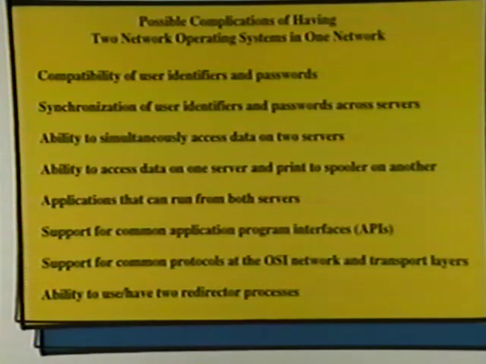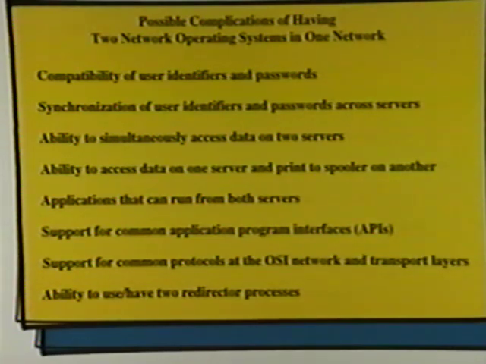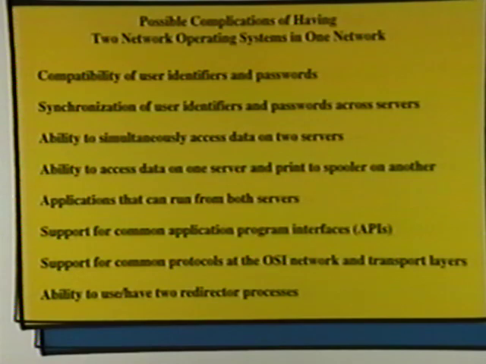Here's something on application program interfaces, or APIs. It's very common to find that when two network operating systems are in the same network, the APIs are not common, although they strive to make them common.